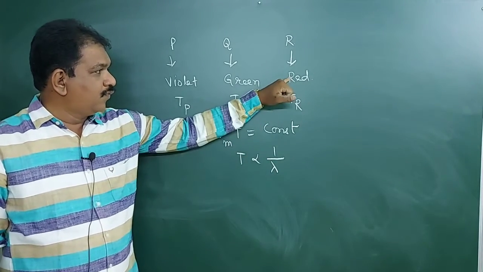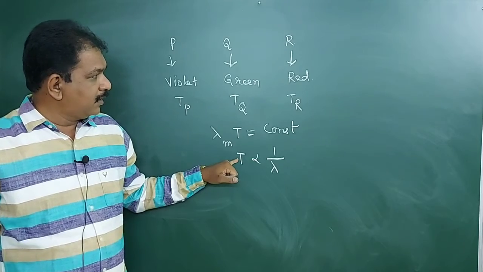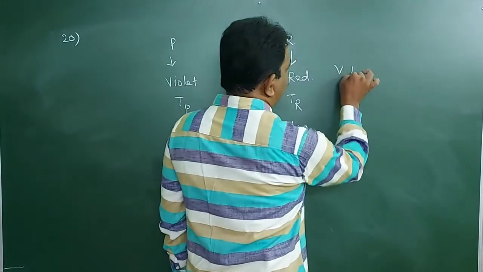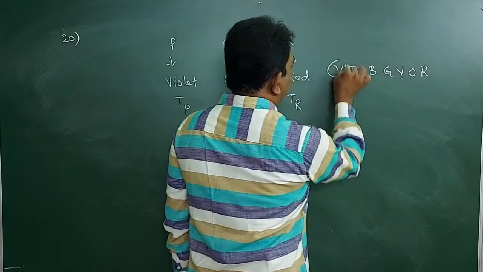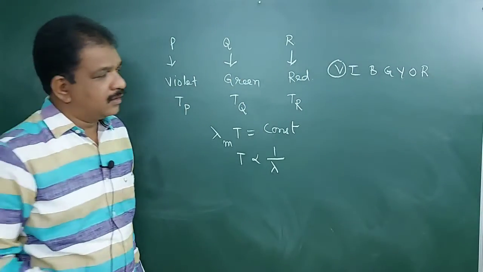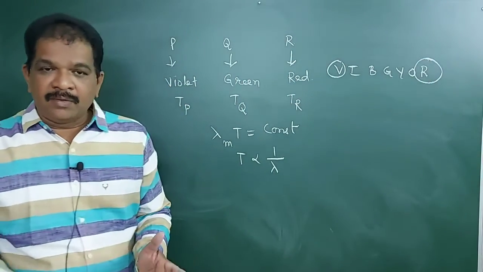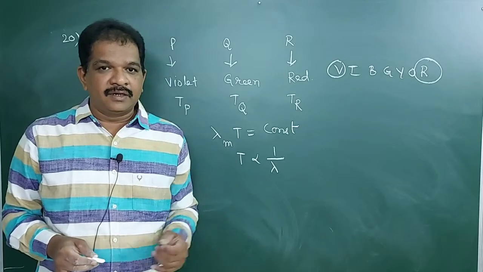Lambda is more for red. Lambda more means its temperature is less. So arranging in the order of wavelength, violet will have the least wavelength and red will have the longest wavelength. Remember it like this: for danger signals, we use red color.